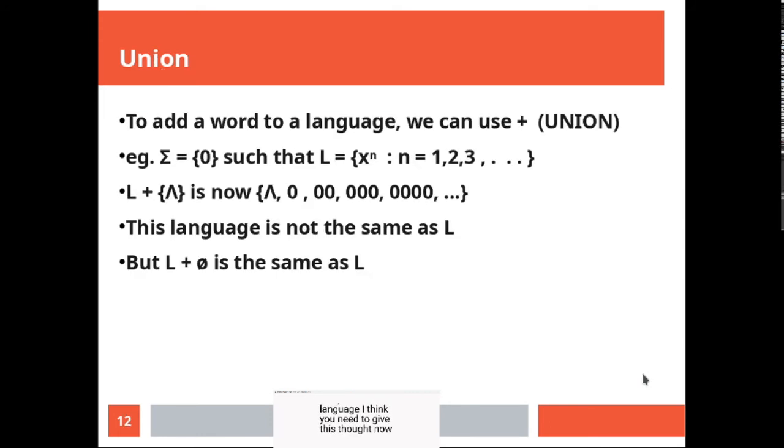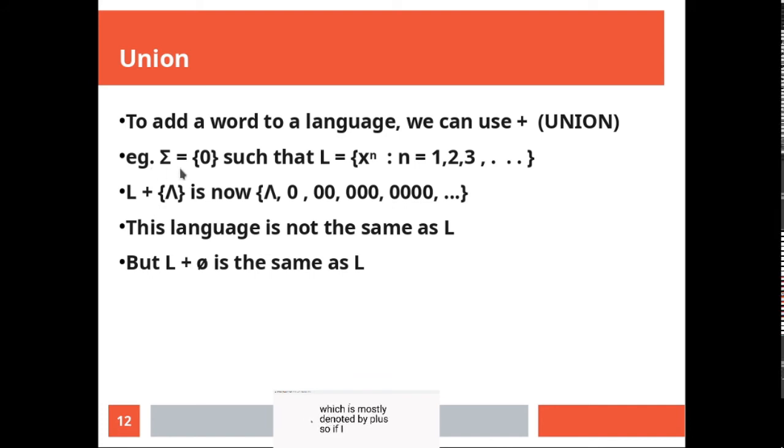Now I will talk about union. See, we are using sets here in this theory of automata, so most of the set theory things will be applicable. Union is one such operation, which is mostly denoted by plus.